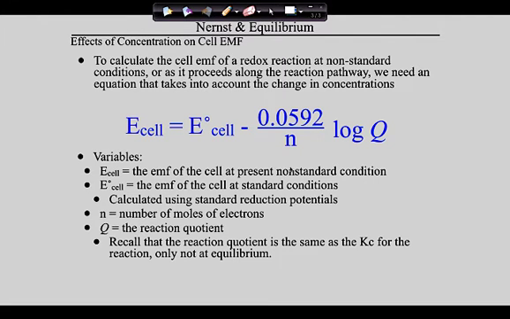You may recall that the reaction quotient is the same as Kc, only it's not at equilibrium. So it's the product divided by reactant concentrations at non-equilibrium conditions. So if it's Q, is that going to be the same time that the cell is measured? Correct. Right, exactly.